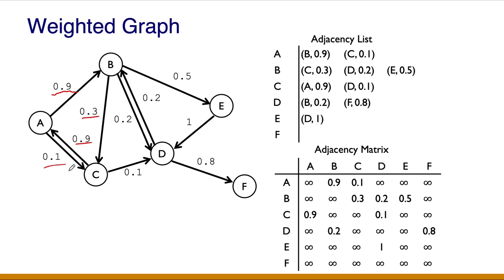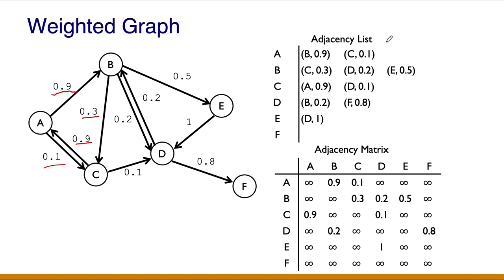Potentially it can be cheaper to travel from A to C, but when you go back from C to A, the weight is much higher. So this is a very general structure. With this, you can represent any kind of network architecture.